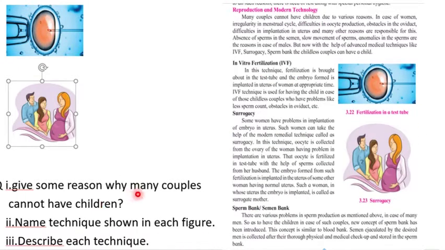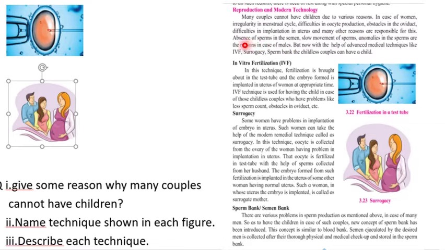Here are some techniques which help the couple to get their child. So which are the techniques and what are some reasons why many couples do not have children? Many couples cannot have children due to various reasons. In the case of women, irregularity in the menstrual cycle, difficulty in oocyte production, obstacle in the oviduct, and difficulty in implantation in the uterus, and many other reasons.